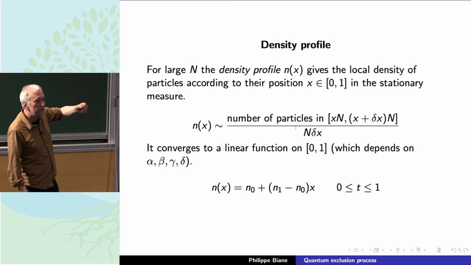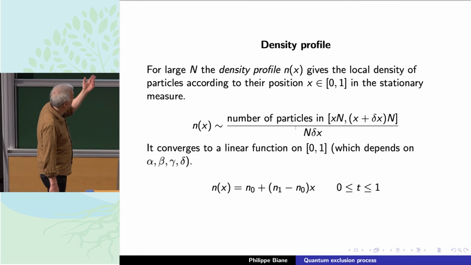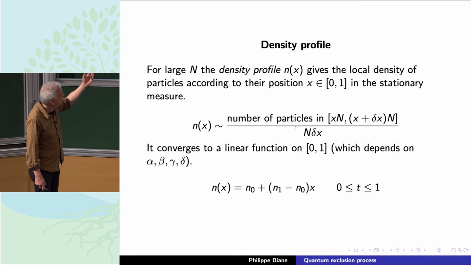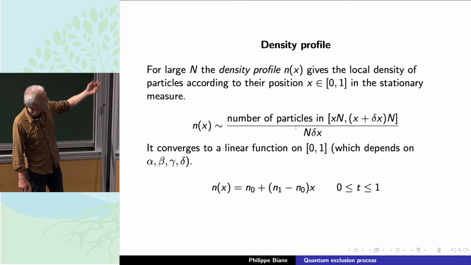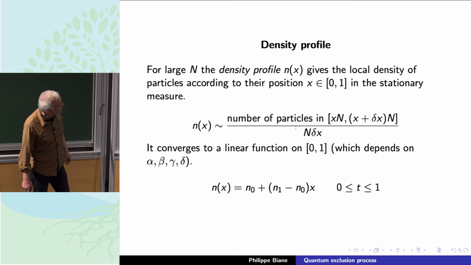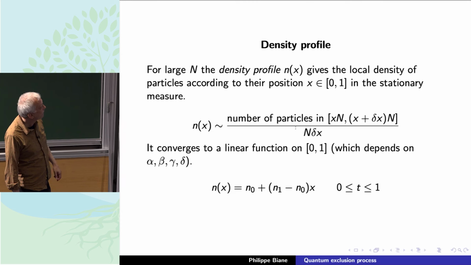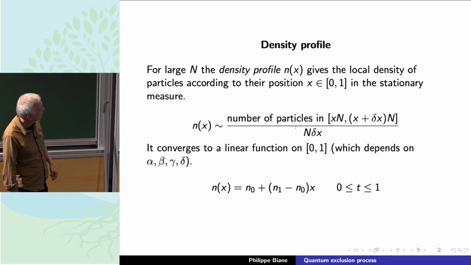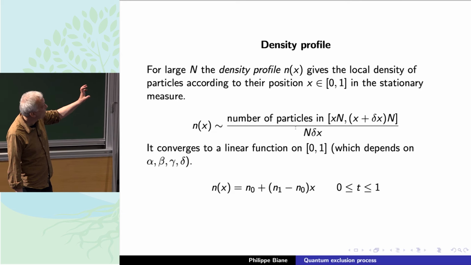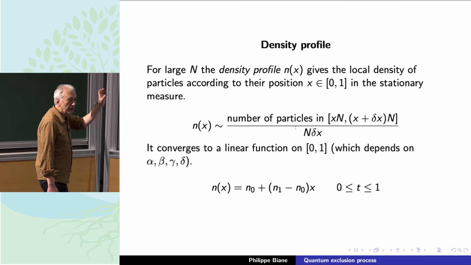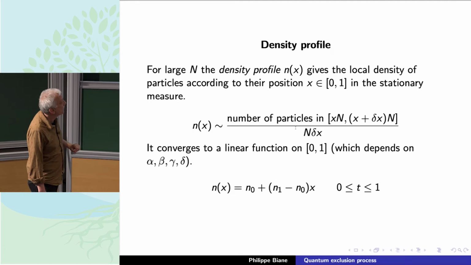We rescale the interval so that it fits into the real interval [0,1], and then look at the number of particles in a very small interval near x, from xn to (x plus delta x)n, in the integer coordinates. This density profile, telling you the local density, will converge to a linear function on [0,1].